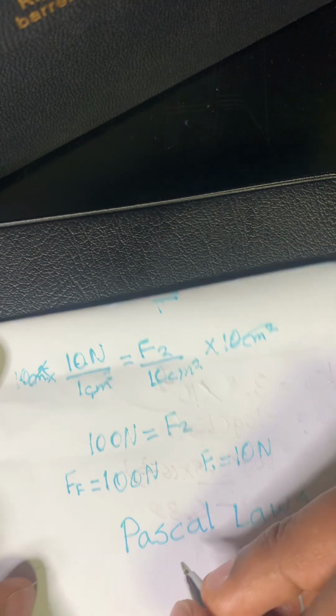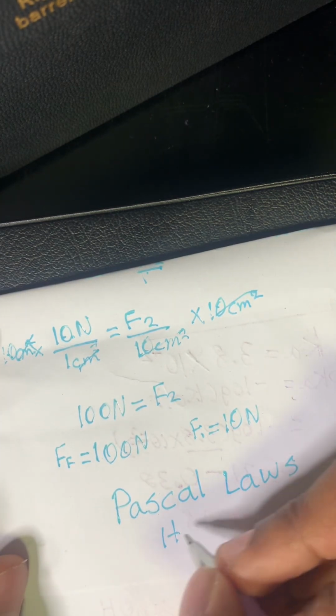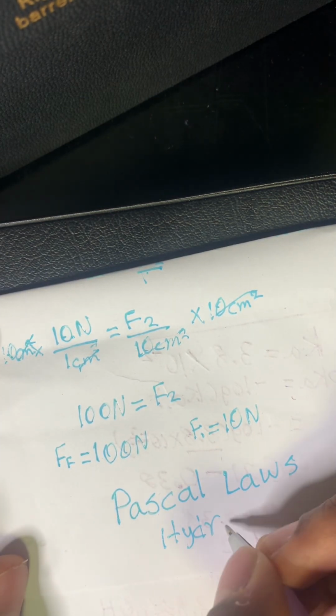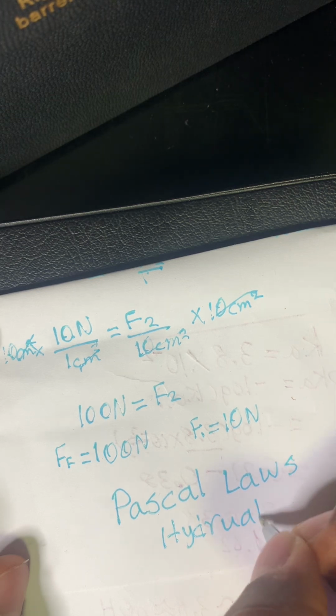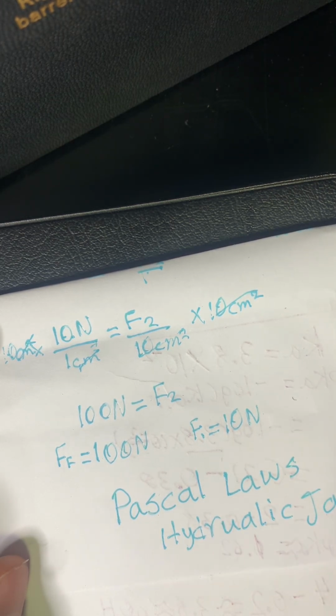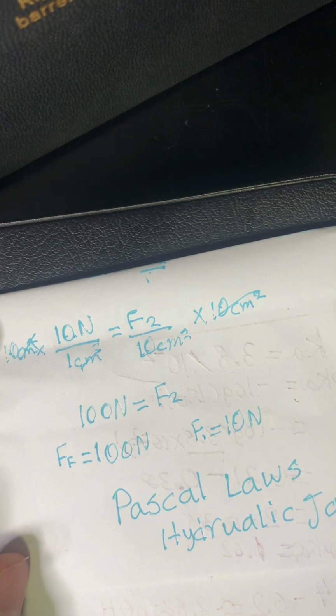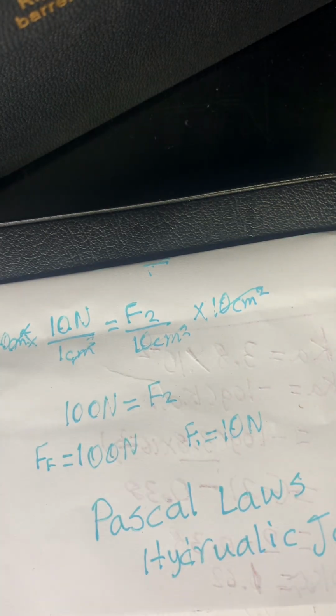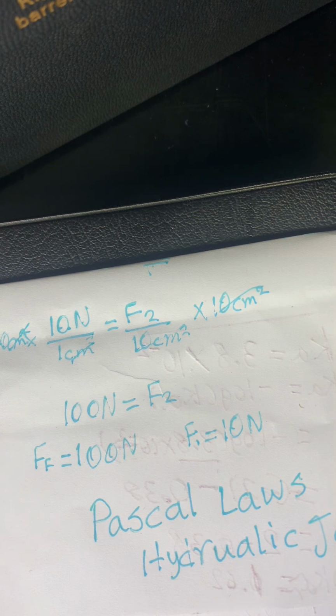And this could be used in principles such as hydraulic jacks. Like this principle is used to create such machines as a hydraulic jack is what I meant to say. And when two pistons are being carried. So this helps you kind of apply your force over a larger distance.